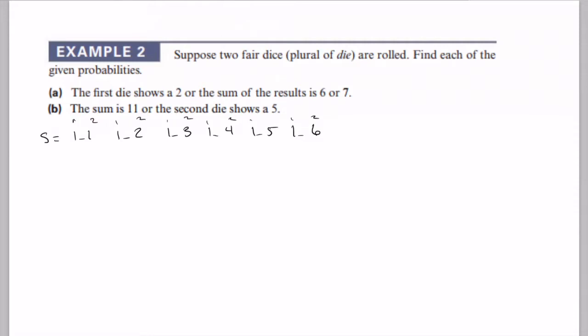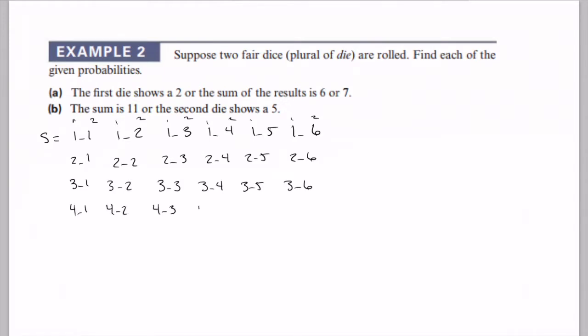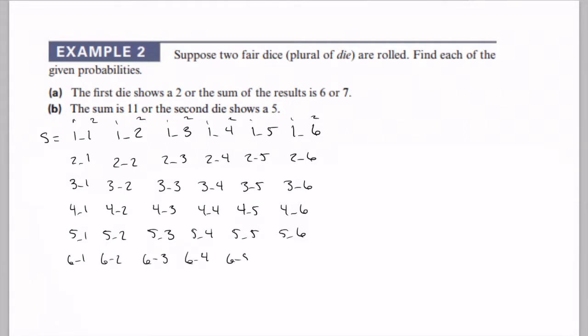Now I have 2,1, 2,2, 2,3, 2,4, 2,5, 2,6. 3,1 through 3,6. 4,1 through 4,6. 5,1 through 5,6. 6,1 through 6,6. So that's our sample space.